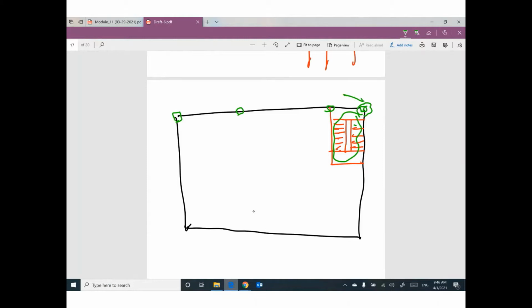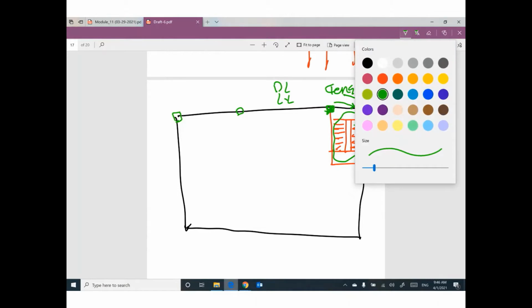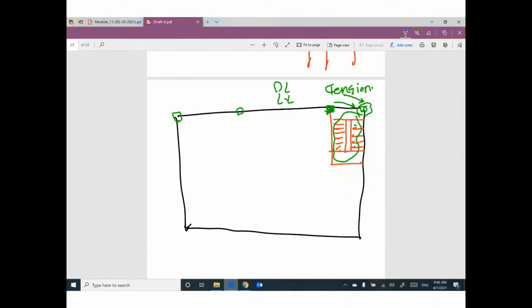So probably this column will be under tension due to gravity loads, dead load and live load, because you put another column very close to this column. We don't like this. You have to figure out how to solve this issue.